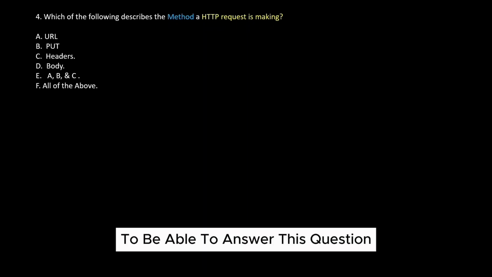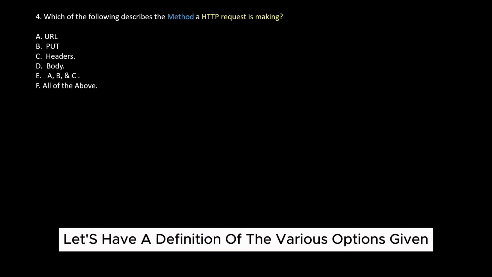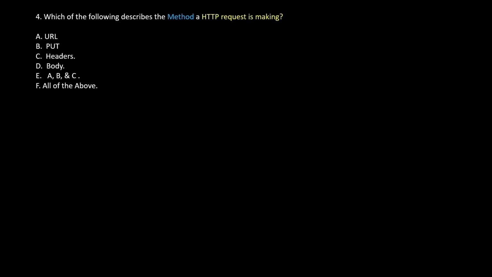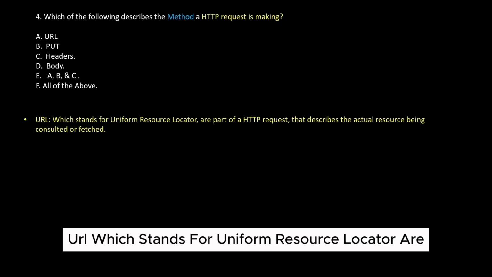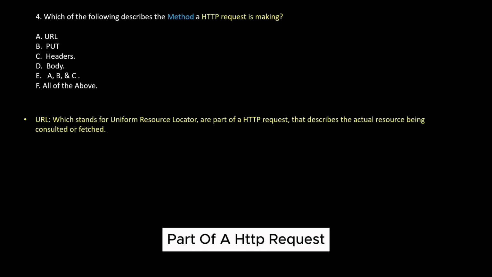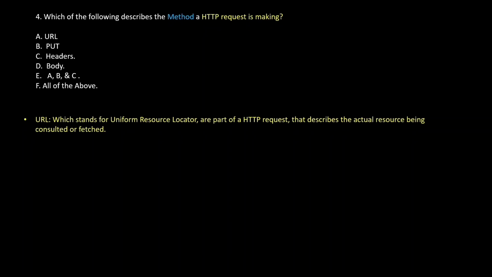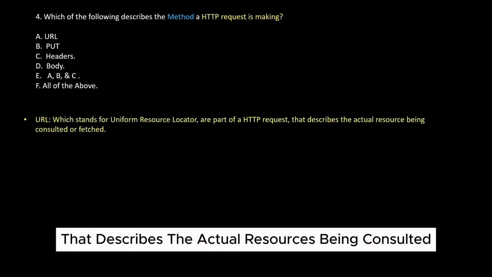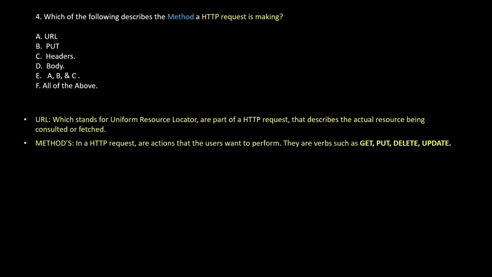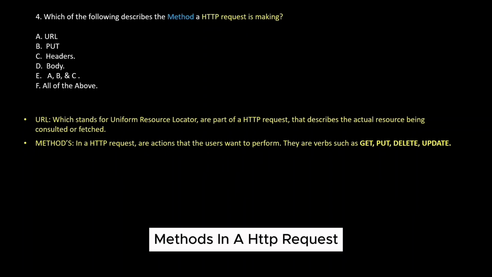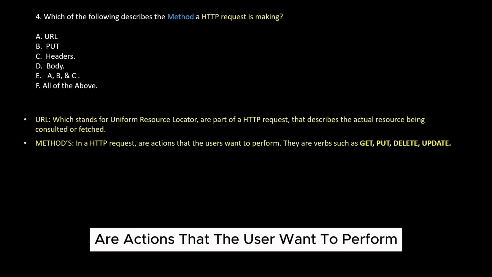To be able to answer this question, let's have a definition of the various options given. URL, which stands for Uniform Resource Locator, is the part of an HTTP request that describes the actual resource being consulted or fetched. Methods in an HTTP request are actions that the user wants to perform.